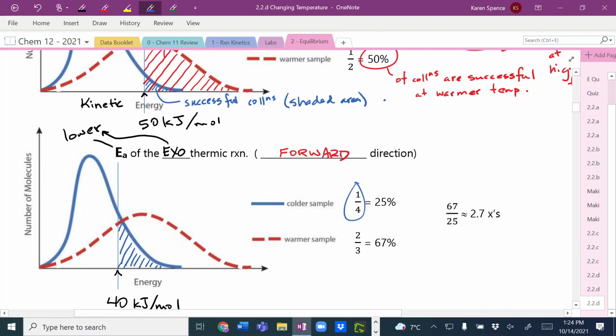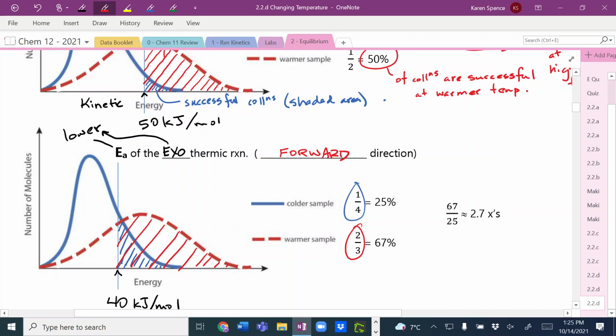So if I have a quarter, that is 25% if I do that division, okay? Now my warmer sample, again, we're totally ballparking these numbers. I thought that looked like about 2/3. Does that look like about 2/3? Okay, thank you. That was a nice, definite, immediate yes.